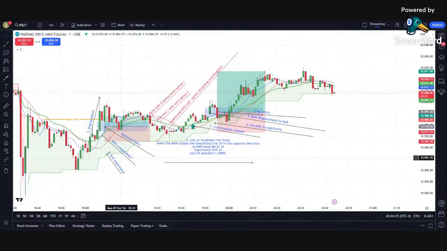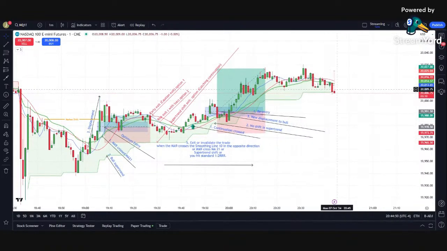The steps on how to trade this strategy are in the description. Right now we are forming a signal, and maybe we will trade this.